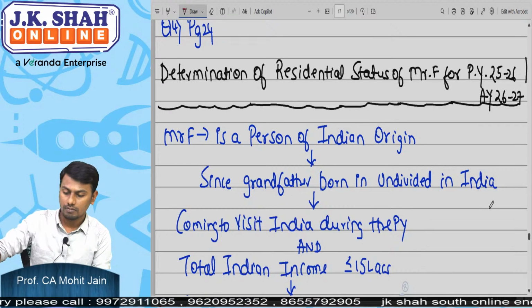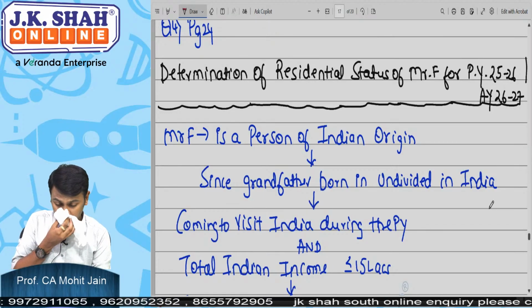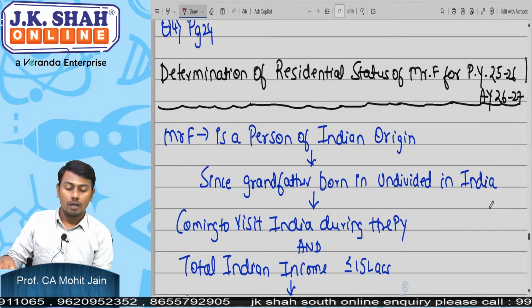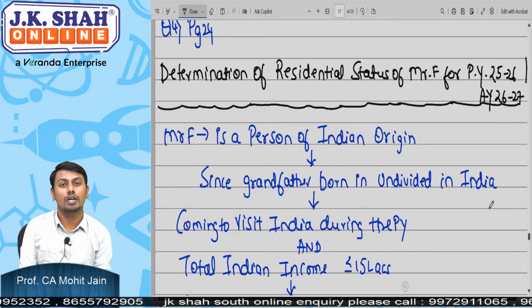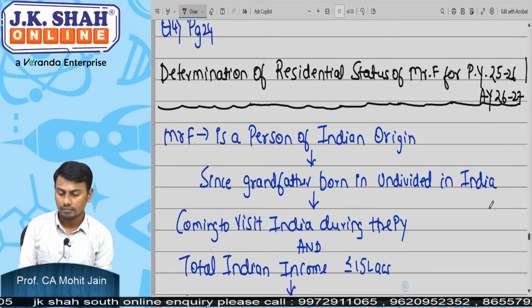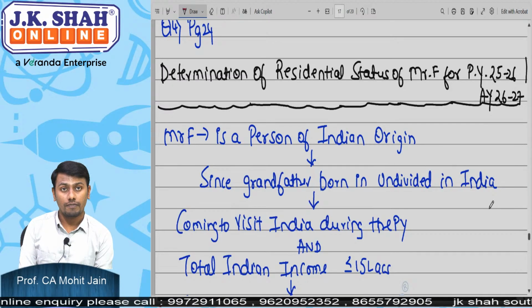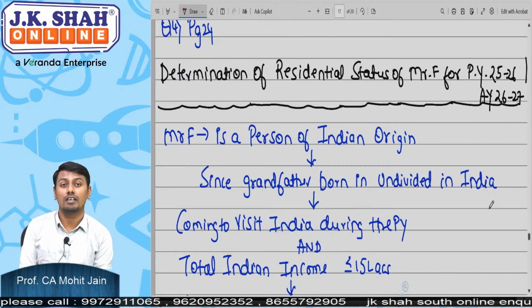Please write down: determination of residential status of Mr. F for previous year 25-26 or assessment year 26-27. Mr. F is a person of Indian origin because his grandfather was born in undivided India.